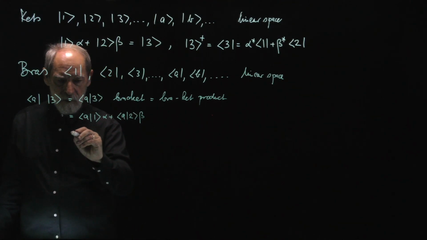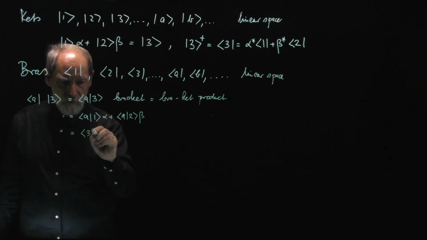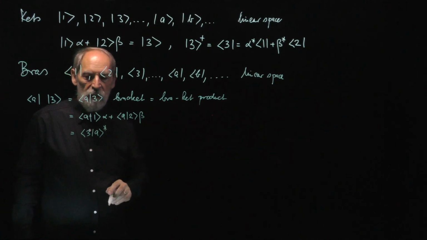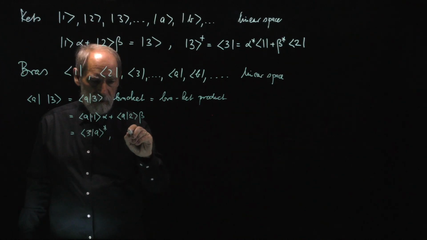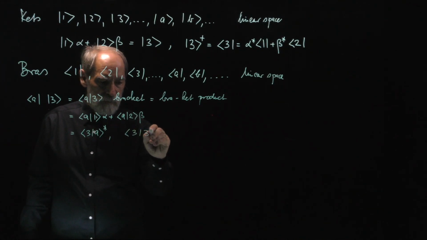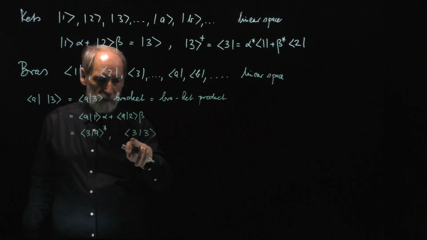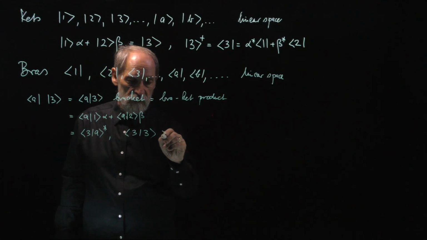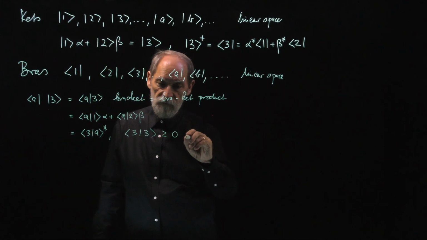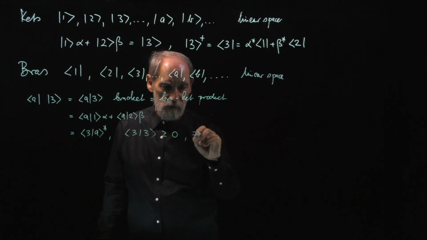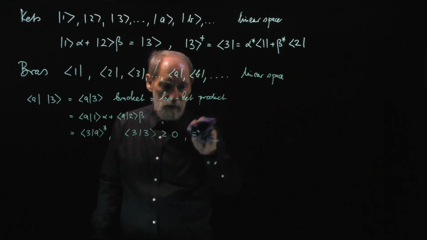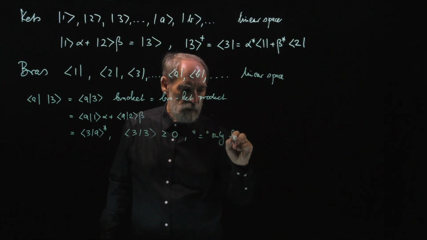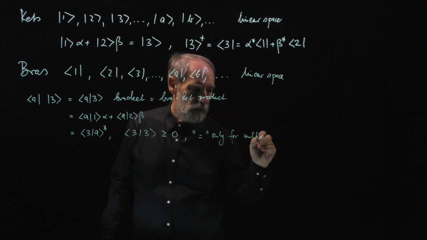And as another property, we remember that if I interchange the roles of the bra and the ket, then I get the complex conjugate number. And if I take the bracket of the bra, which is the adjoint of the ket that appears here, then this is a number which is always positive, and we get the equal sign only for the null bra or the null ket.